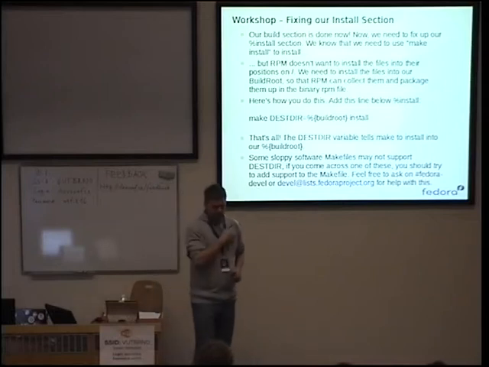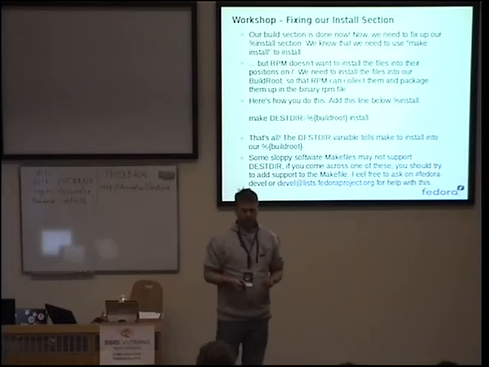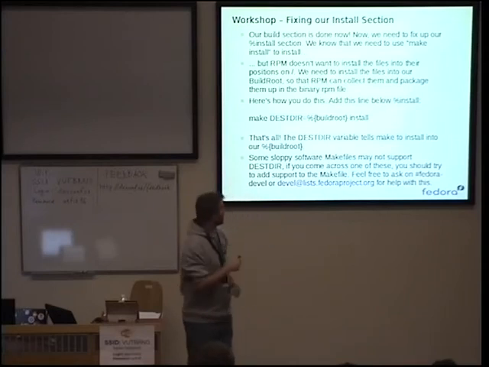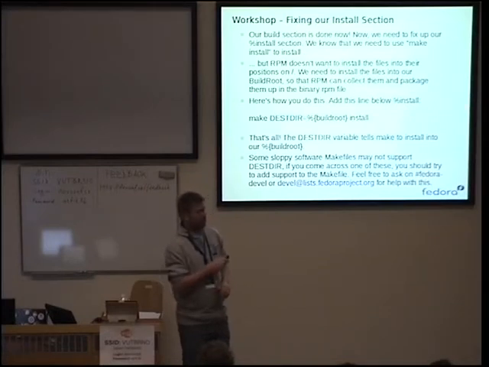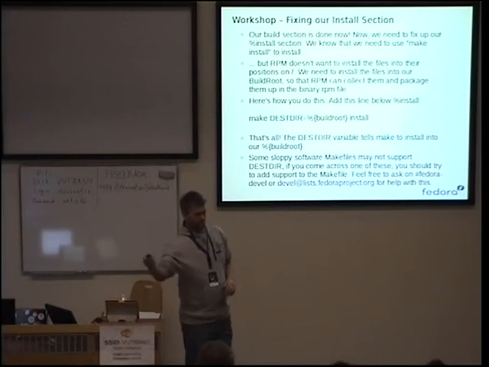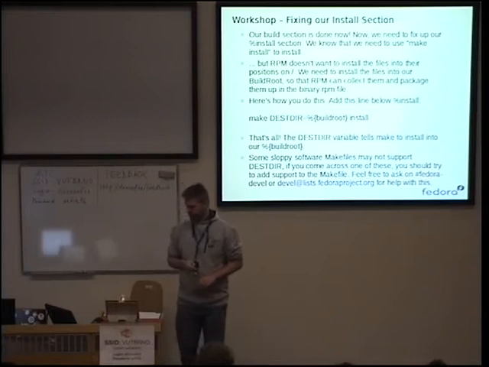In our case, we have a makefile, so we just call make install, but we define the DESTDIR, which is the prefix which should be put before every root entry. So it will install into the buildroot /usr/bin, and man pages into the buildroot /usr/share/man, and enum.1.gz or something like that.